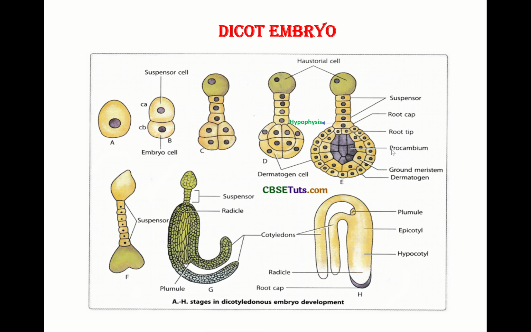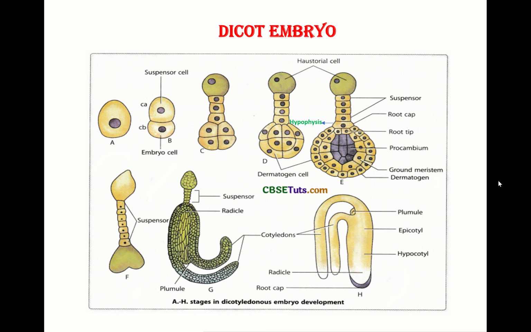And this procambium forms vascular bundles. The apical meristem undergoes some modifications, and it is also called the dermatogen theory. It was proposed by Hanstein in the year 1870.